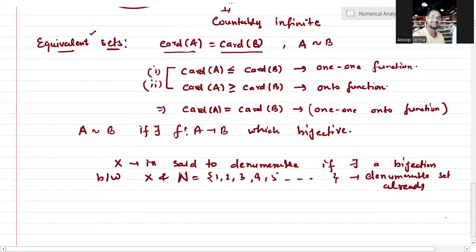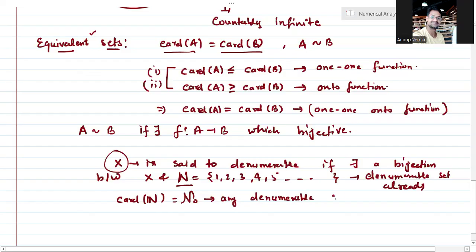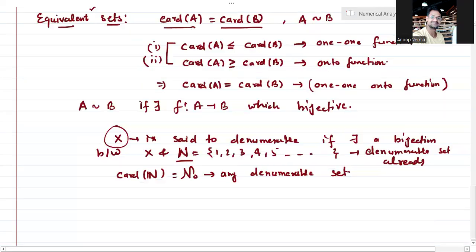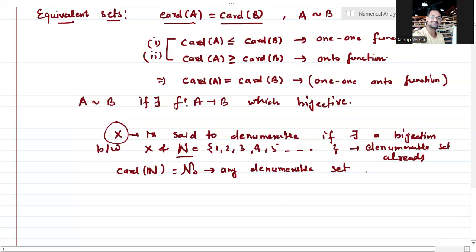If we are able to find a bijection between two sets, then those sets have the same cardinality. If N is denumerable, then that set will also be a denumerable set. The cardinality of the natural numbers is defined as aleph naught, and so is that of any denumerable set. So this is about denumerable sets.